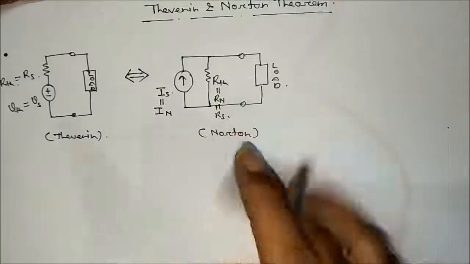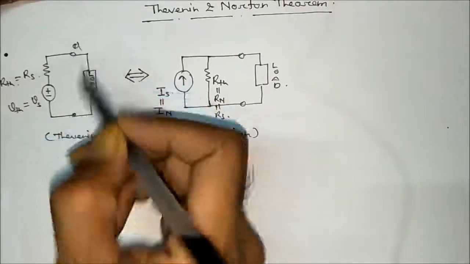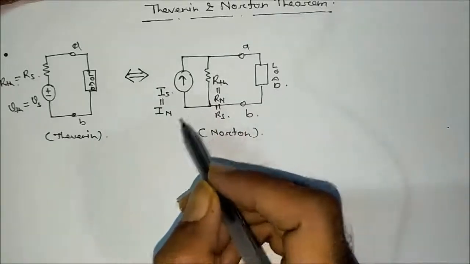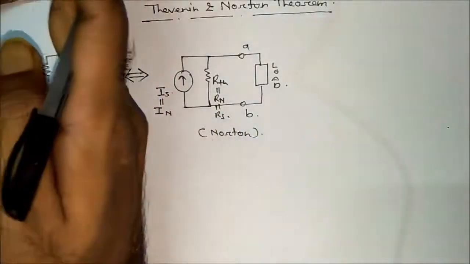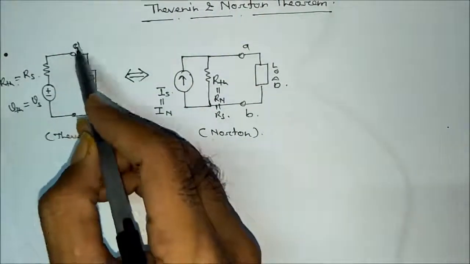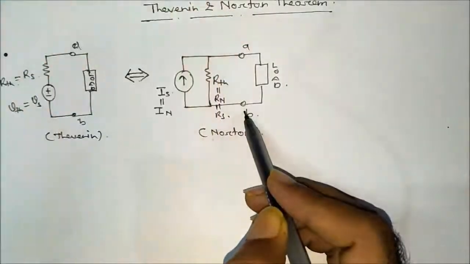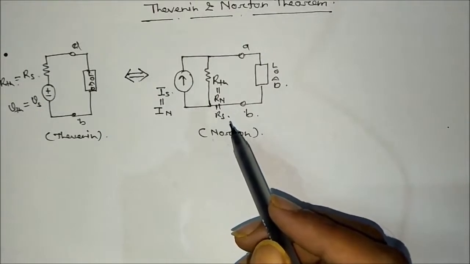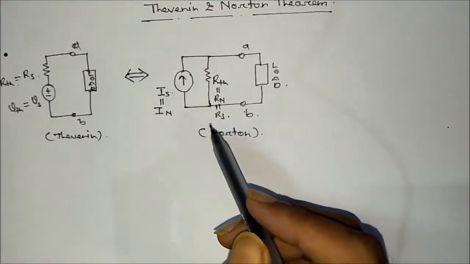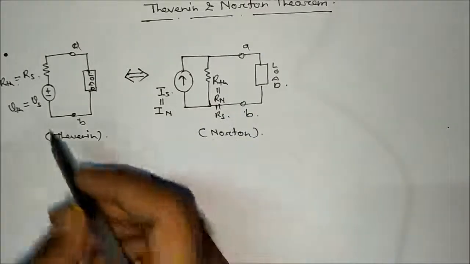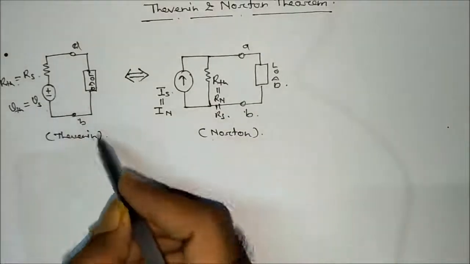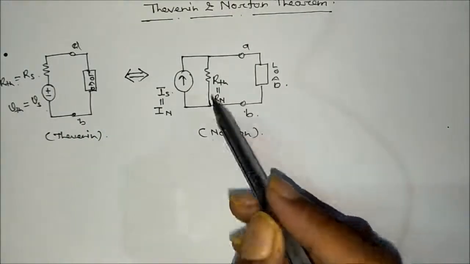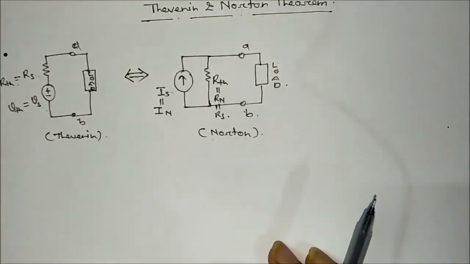Then in a linear network, from a defined load terminal, it is always possible to replace the entire network just before this terminal by its equivalent practical voltage source or by its equivalent current source. If it is replaced by an equivalent practical voltage source, then it is known as Thevenin equivalent, and if it is replaced with the practical current source, then it is known as Norton equivalent.